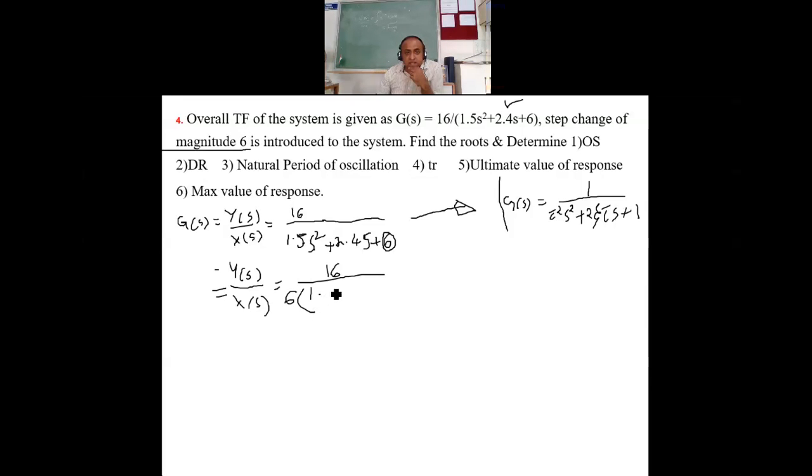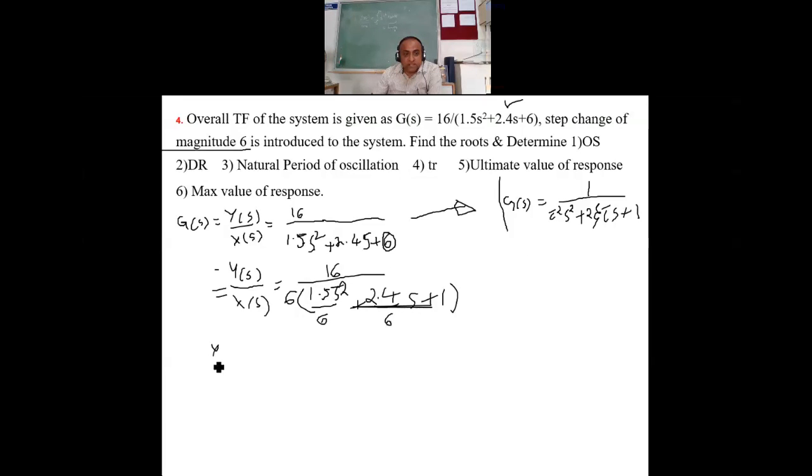What you are left with inside is 1.5 s square, that is 1.5 divided by 6 s square, plus 2.4 divided by 6 s plus 1. Correct? This is what you get. So it has reduced to this particular standard form.